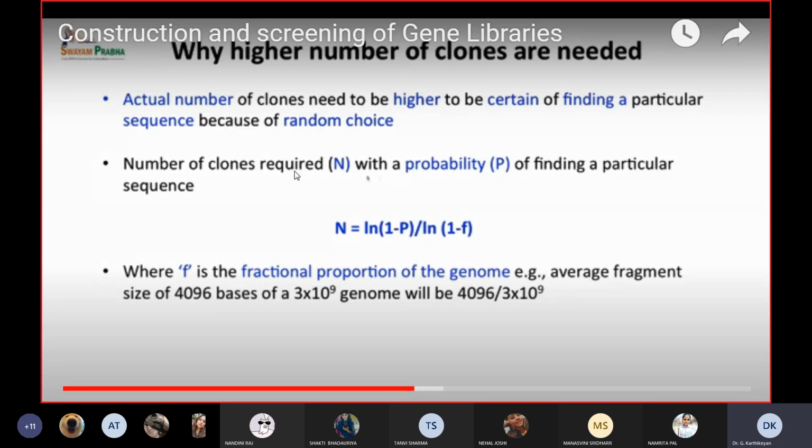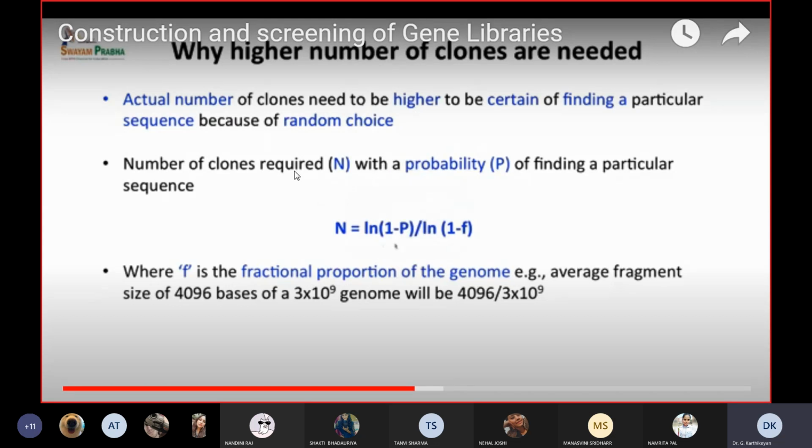Since the probability is very low to find a single gene, in order to increase the probability, you will end up screening several times more than the actual number of clones. The actual number of clones was around 40,000, but we will instead screen probably 2 to 3 times higher, so that the probability of detecting our gene of interest becomes much higher.